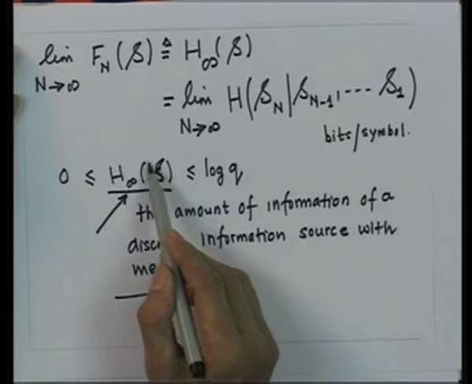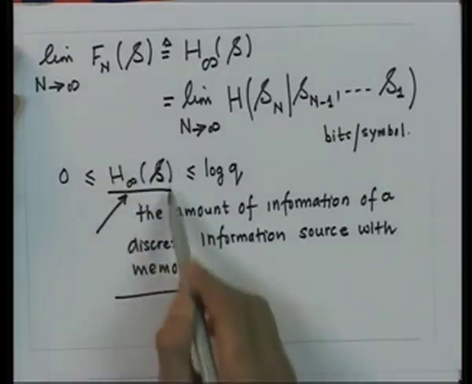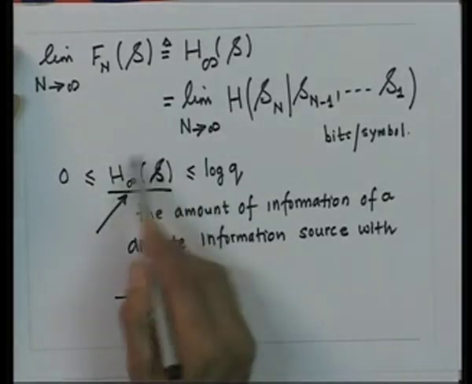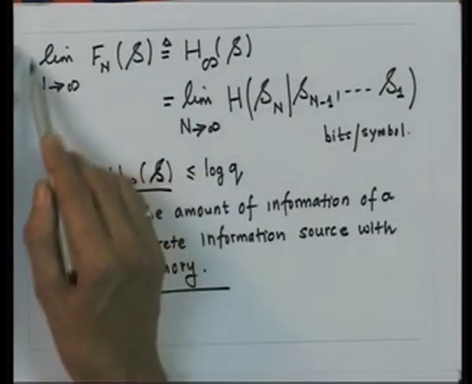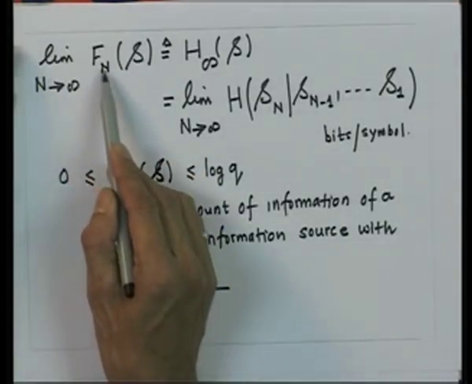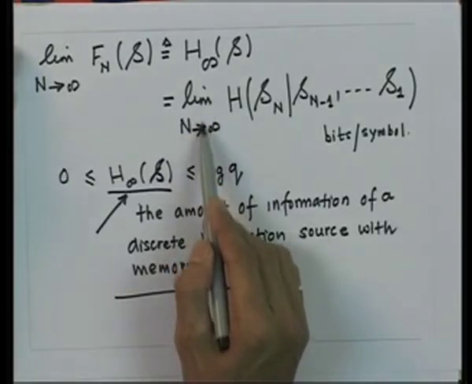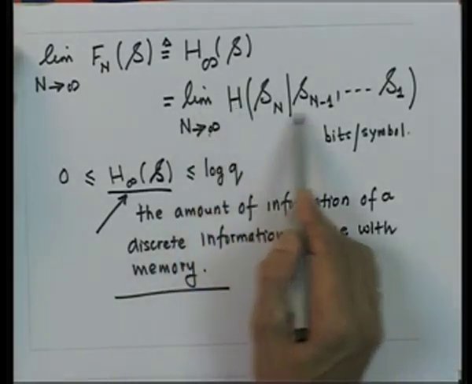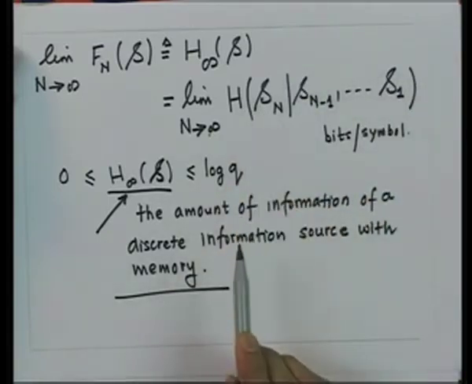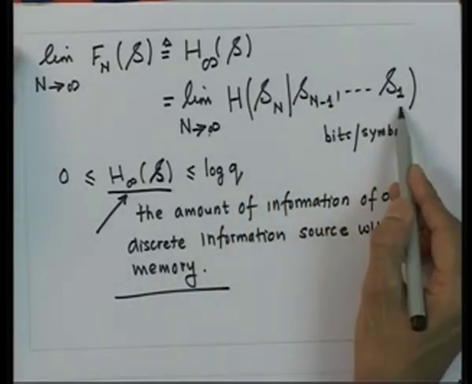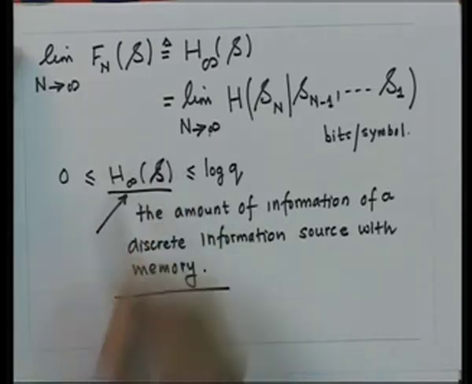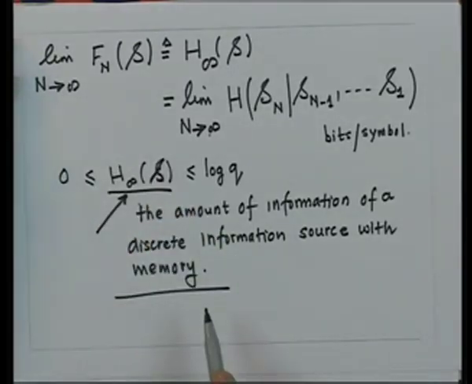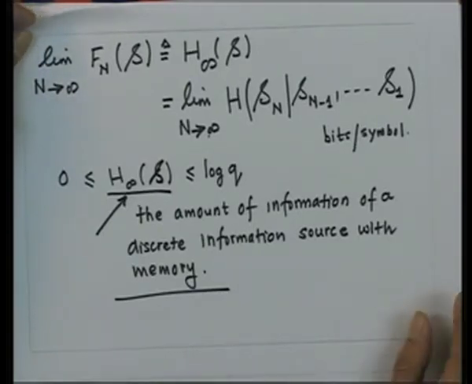So, if I want to calculate the entropy of a Markov process, then the entropy of the Markov process is nothing but the limit n tending to infinity of Fn(S), and that is, by definition, the limit n tending to infinity of the additional amount of information. So, this is by definition the definition for the information measure of a Markov source with memory.